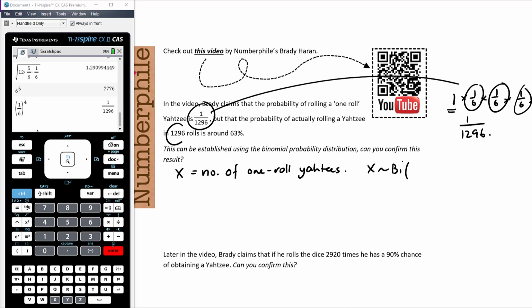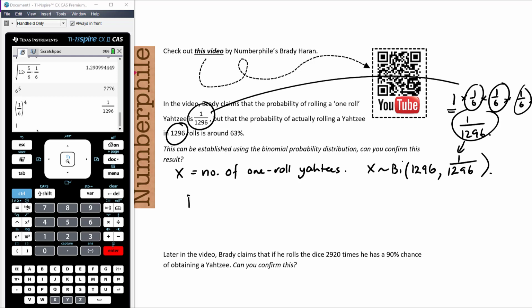We want to know what's the probability that he will actually roll a Yahtzee if he does 1296 rolls. So n, the number of rolls, is going to be 1296, and we know the probability that any one of those rolls is a Yahtzee is 1 on 1296. So we want to know the probability that if we were to roll the dice 1,296 times, we would actually get a Yahtzee.